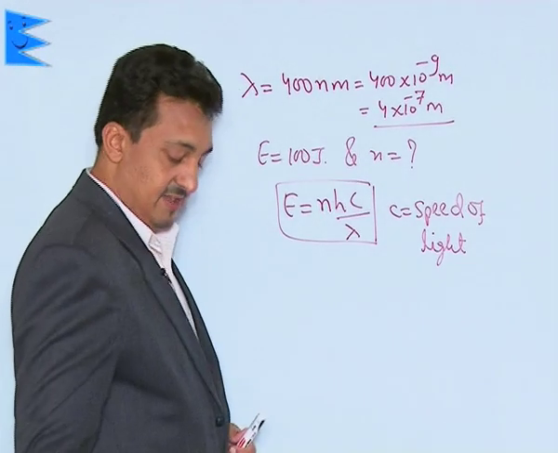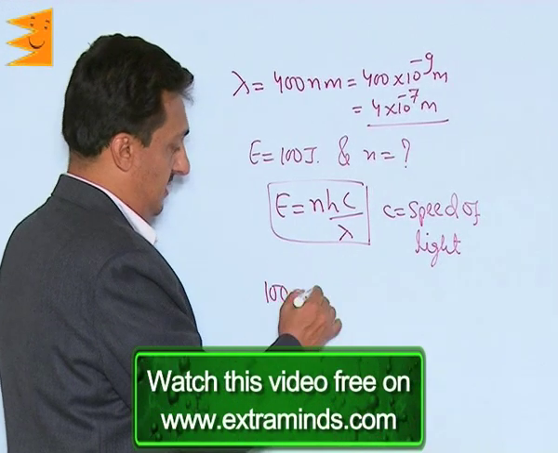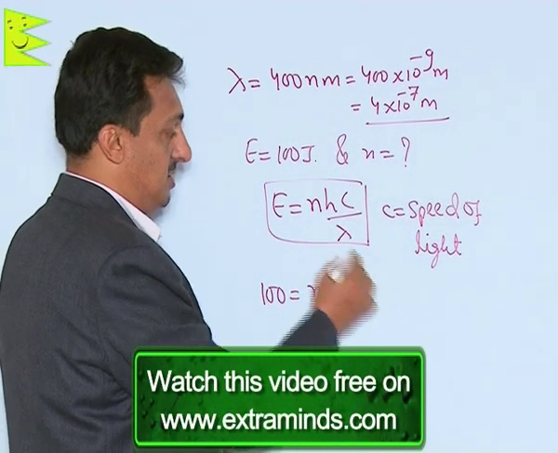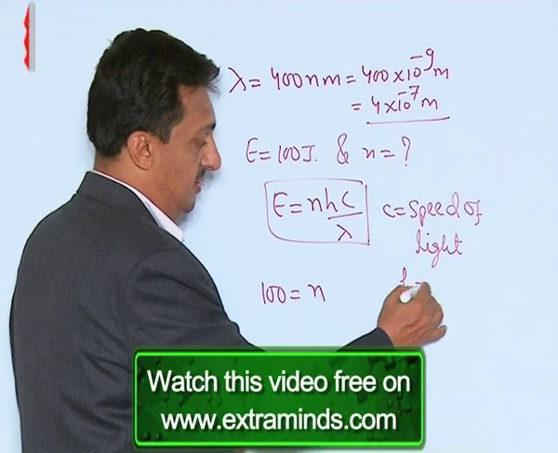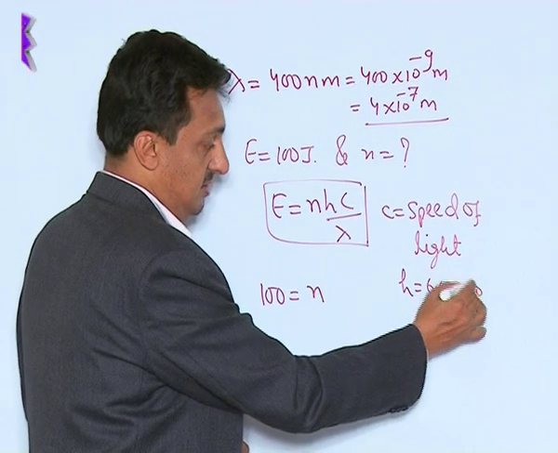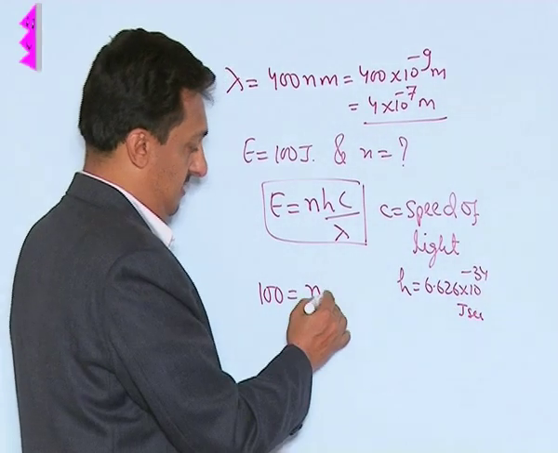So now let us put the values. The energy is 100. Number of photons we are supposed to find out. H is Planck's constant, we already know its value is 6.626 into 10 to the power minus 34 joules second.